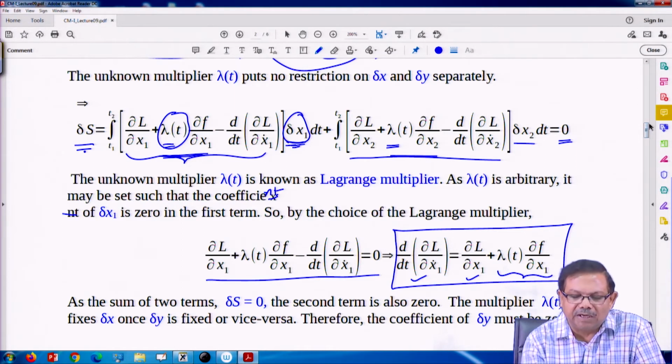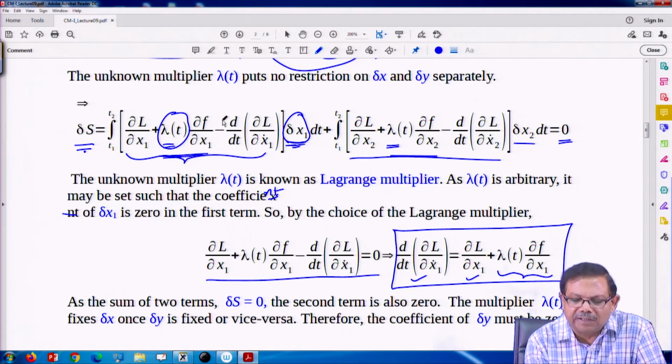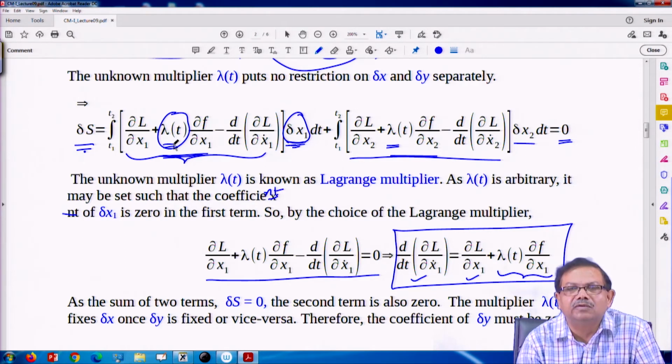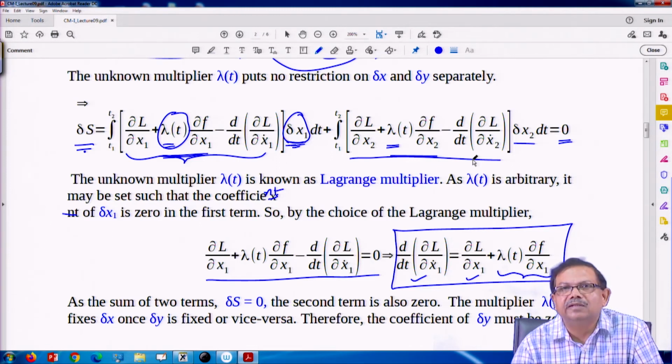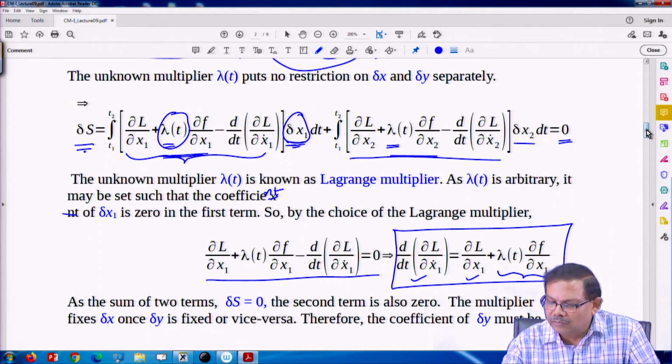So, by choosing lambda properly, I can set the coefficient of delta x 1 equal to 0, and once that is done, then the sum of the two integrals is 0. So, the second integral has to be 0. So, the expression inside the square bracket here must be 0.